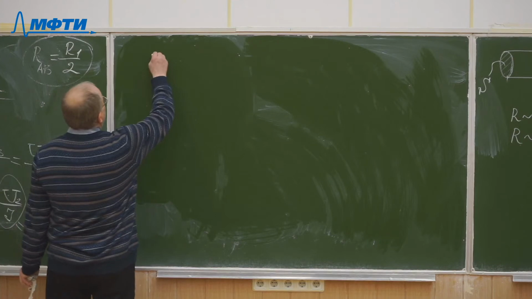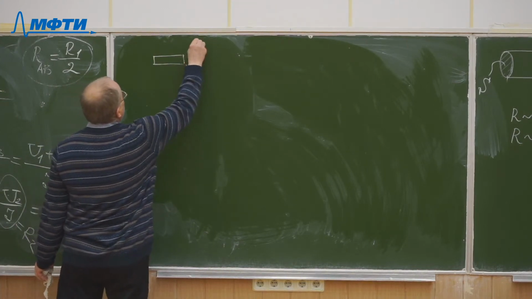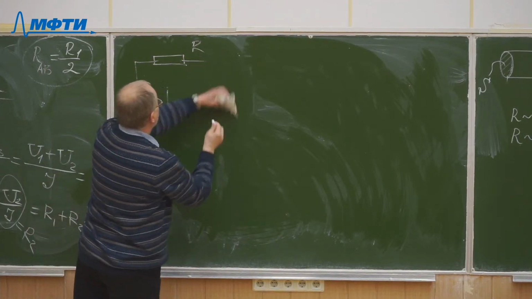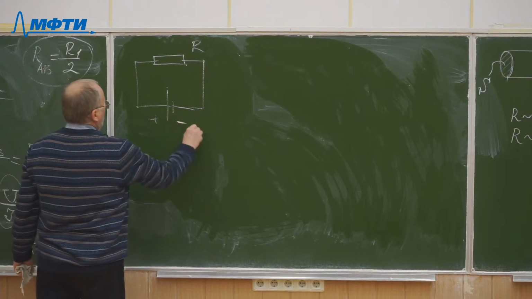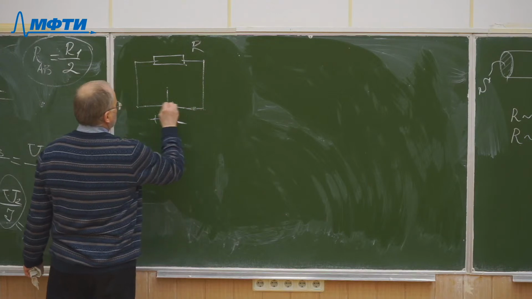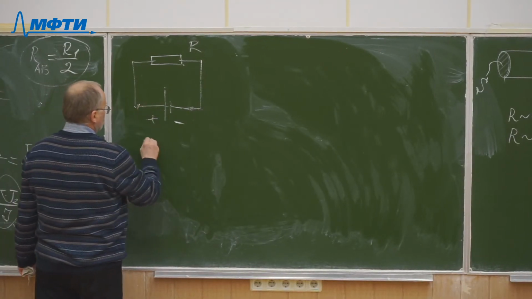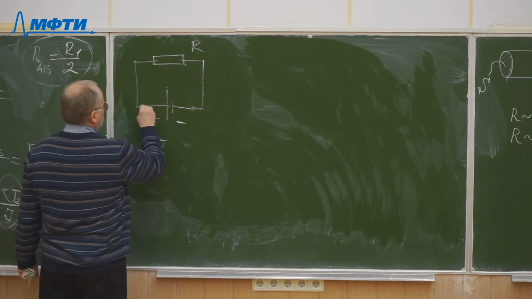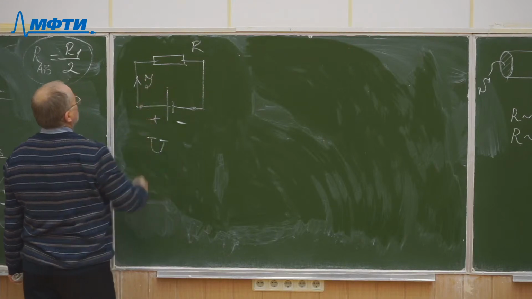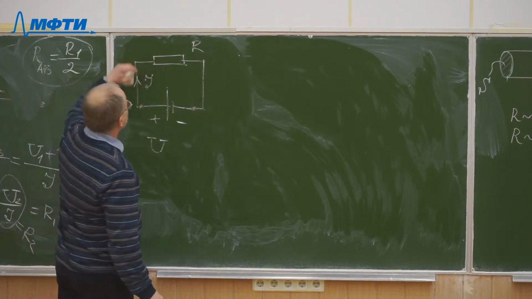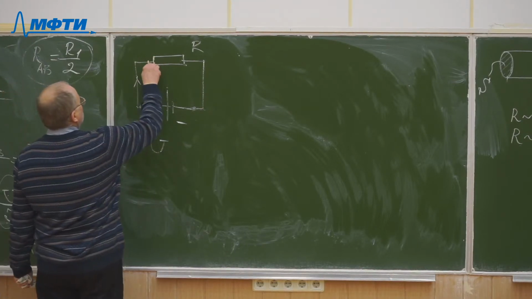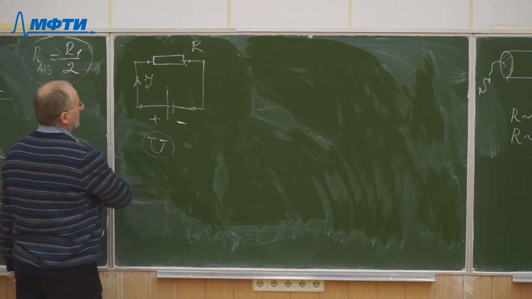So suppose we have a resistor R attached to a battery which produces some potential difference U on its terminals, and there is an electric current flowing in this circuit, and there will be some potential difference on this resistor which will be equal to this one.